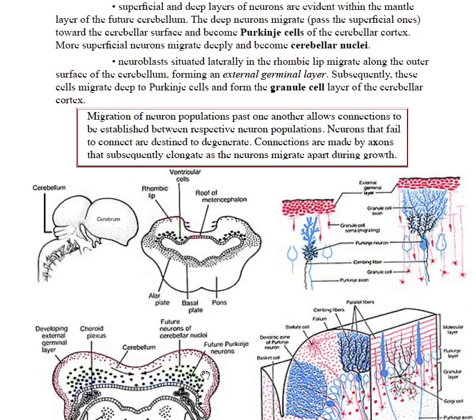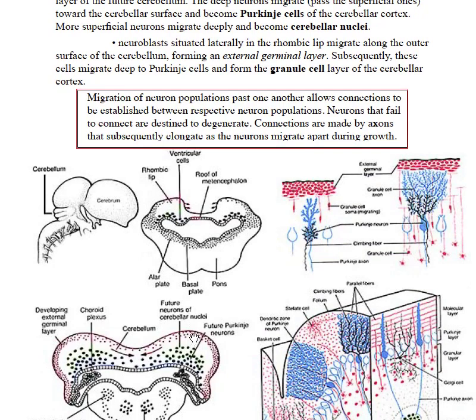So you might think that the more superficial cells here would migrate to the cortex and become Purkinje cells, and the deeper cells then would become nuclei. But it's just the opposite. The deeper cells of the mantle layer are going to become Purkinje cells, and they will migrate through the more superficial cells and then become Purkinje cells. And the cells that they migrate through will remain deep and become the nuclei.